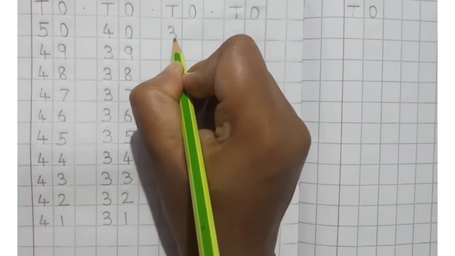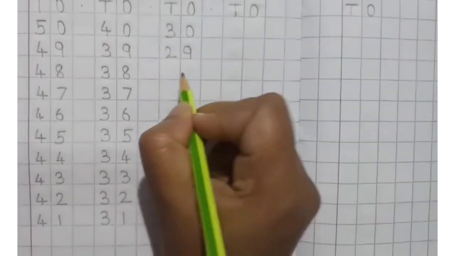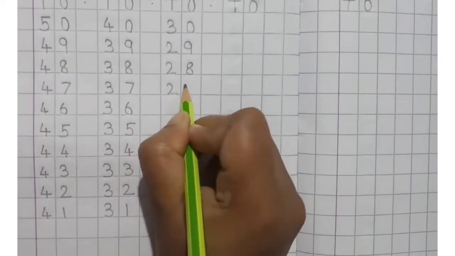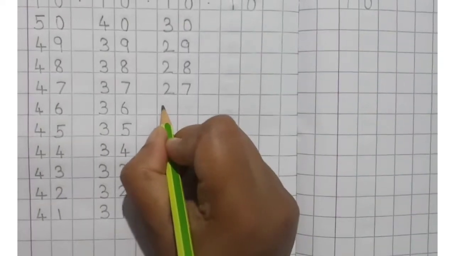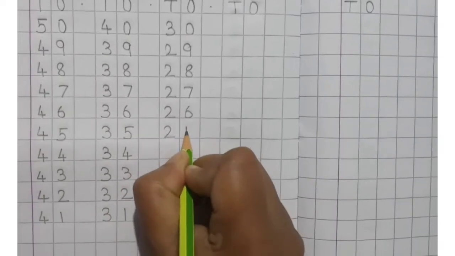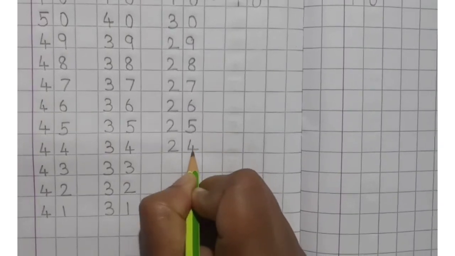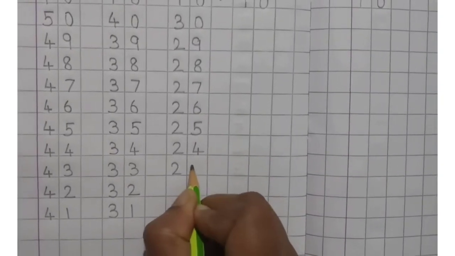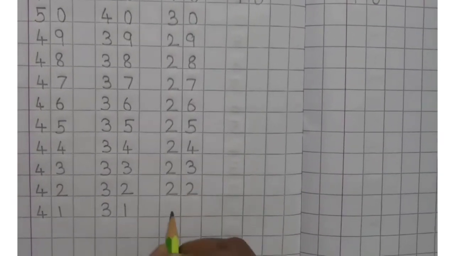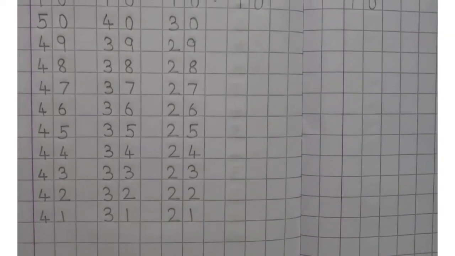Next, 30, 29, 28, 27, 26, 25, 24, 23, 22, 21.